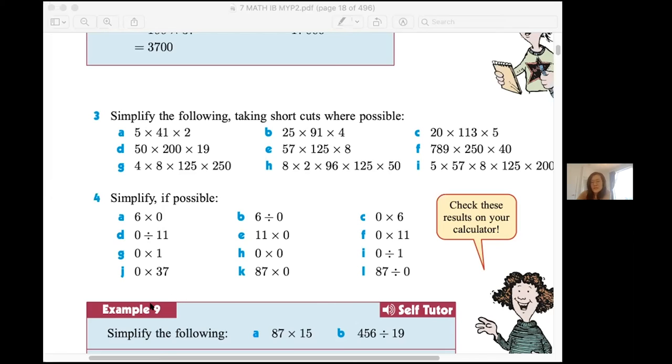We are doing example 9 and we are finding the exact value. So we are not approximating. Okay. You need to do long multiplication and long division. And Kenneth, the same thing.